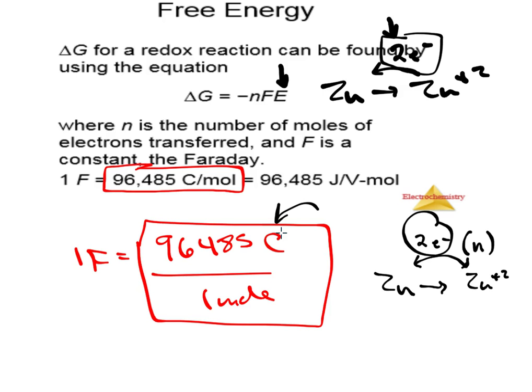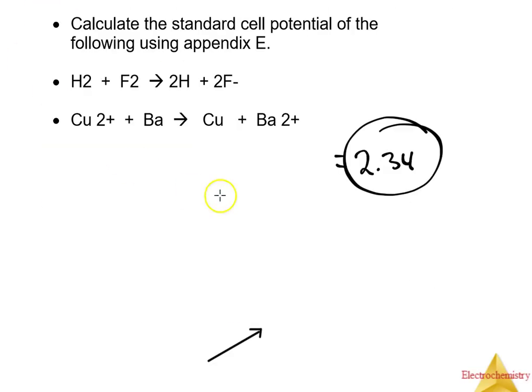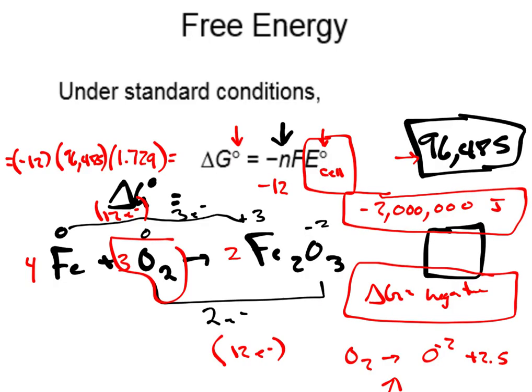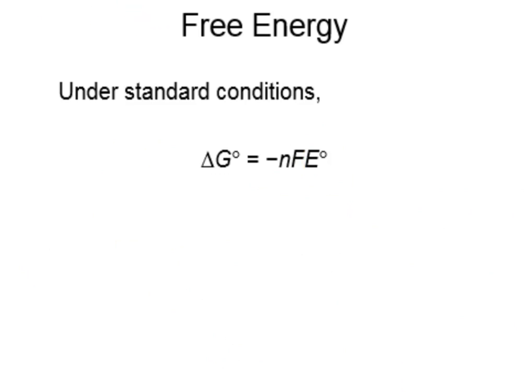And E, that's just what we've been calculating, the E of the cell. Under standard conditions, delta G naught equals negative NFE standard.